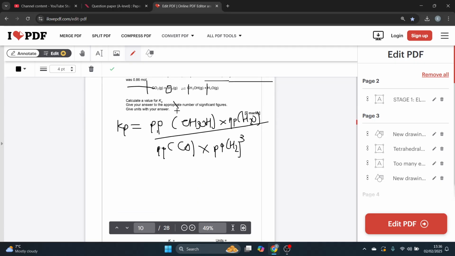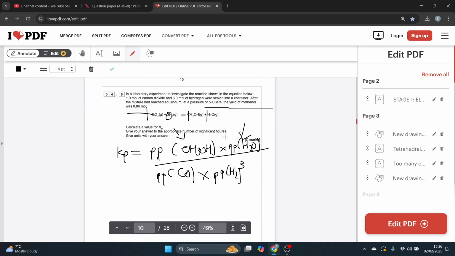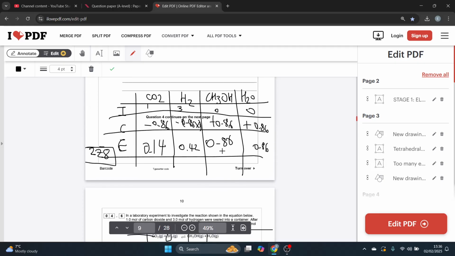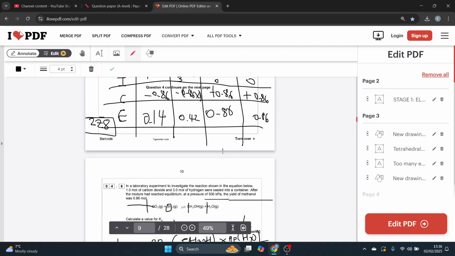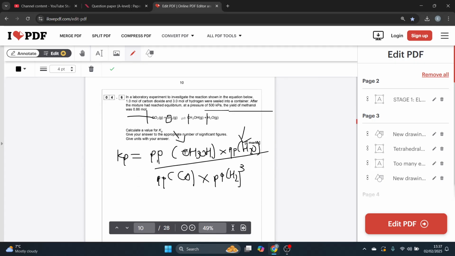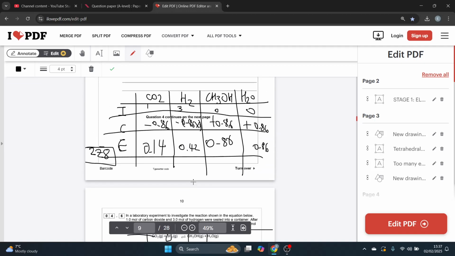And remember, I'm just using Kp now. The partial pressure is mole fraction times by total pressure. Times by H2O, which is the mole fraction of that, the equilibrium moles of that, 0.86 divided by 2.28 times by 500, divided by the mole fraction of carbon dioxide times by total pressure, 0.14 divided by 2.28 times by 500, times by hydrogen, 0.42 divided by 2.28 times by 500.